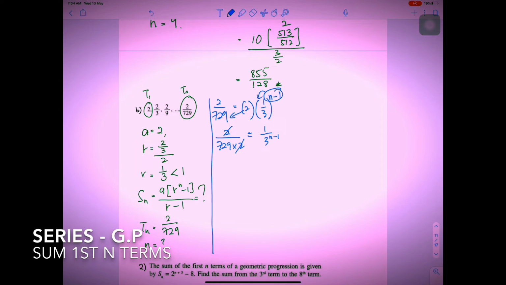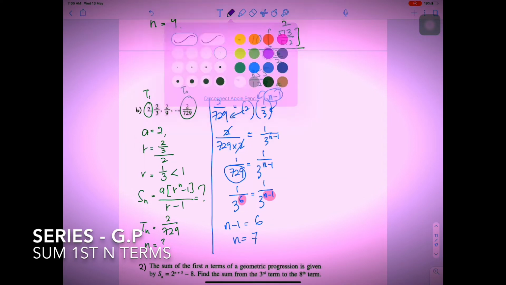We expand the index, so we get 1 over 729 equals 1 over 3 to the power of n minus 1. By using the calculator, 729 is equal to 3 to the power of 6. Then we equate the index, so n minus 1 equals 6, so n equals 7.